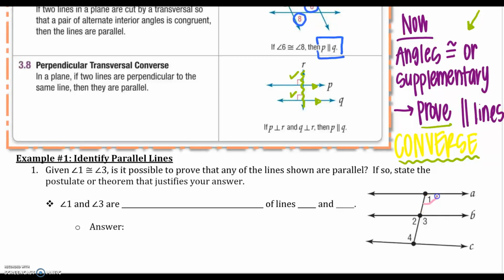If I know that angle 1 is congruent to angle 3, is it possible to prove any lines parallel? So if I'm looking at 1 and 3, I'm looking at lines A and B, and I know that 1 and 3 are corresponding angles.